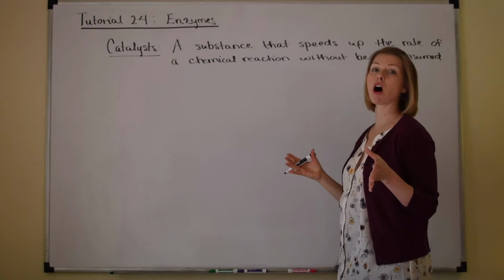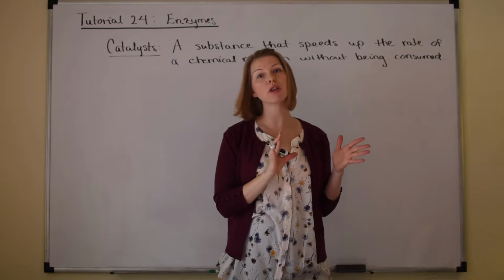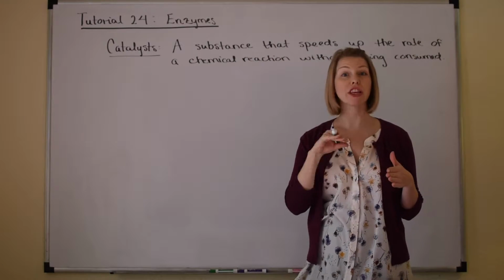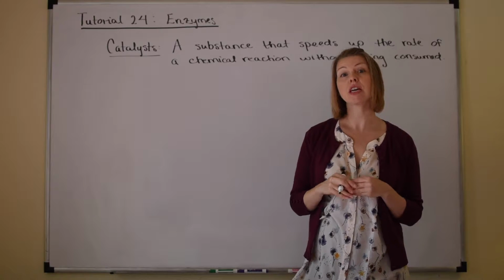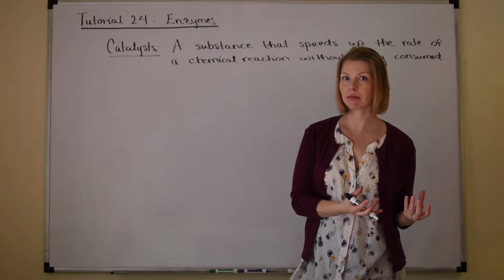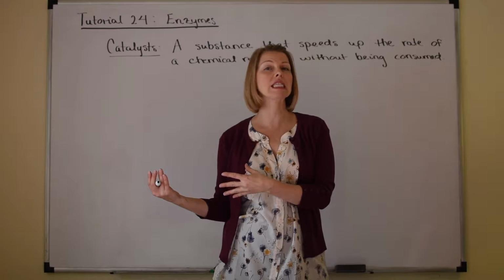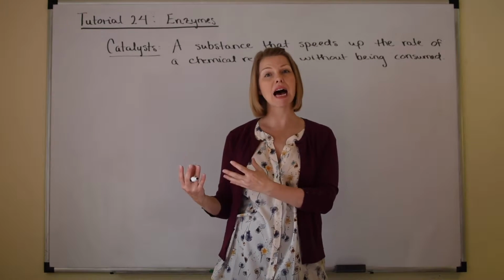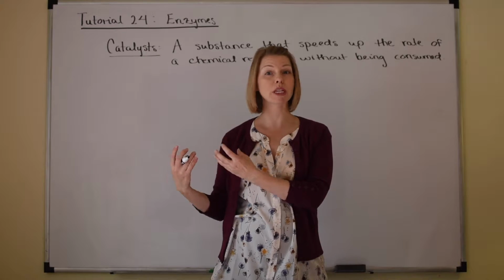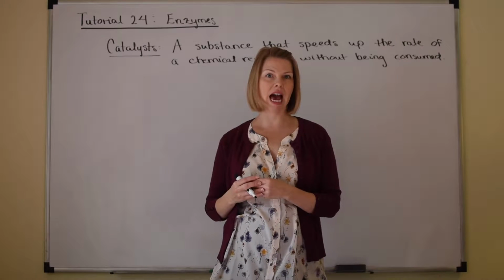And so you might recall that we traditionally write a catalyst on the arrow in a chemical reaction because it's not a reactant, it's not being consumed, it's not a product, it's not being produced. It's something that is going to be left intact in its original form at the end of the reaction.